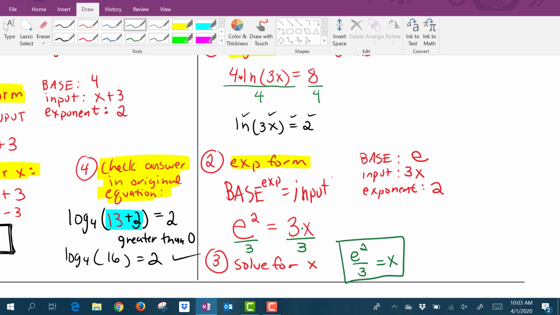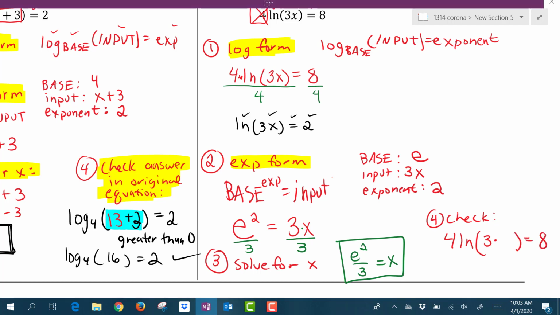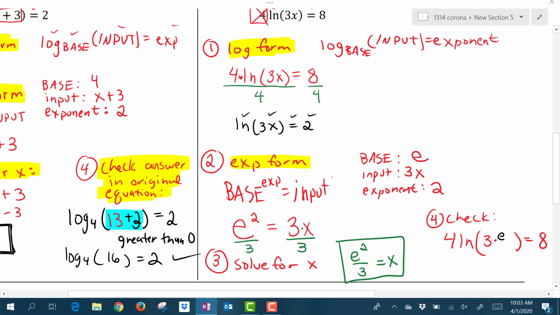Now I do want to make sure that I check that solution in the original equation, and we'll do that here. We have 4 times the natural log of 3 times x is equal to 8. I put in there e squared divided by 3. To check our answer, I'm just going to simplify what's inside. 3 over 1 times e squared divided by 3.